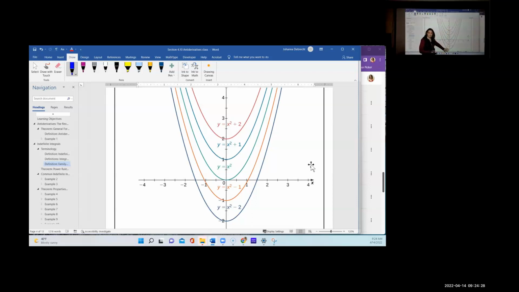So these are vertical shifts of the graph x squared plus 1, x squared plus 2, x squared minus 1, x squared minus 2. But they also represent a family of antiderivative functions up to the constant plus c. All right. So when we're given an antiderivative, we get the basic shape, but we don't know the plus c. So it could be any one of an infinite number of different functions, all differing only by the vertical shift.